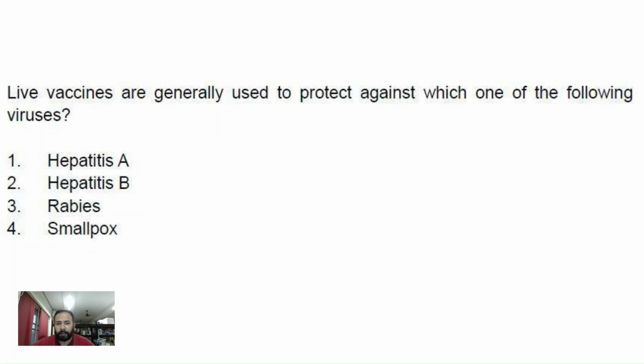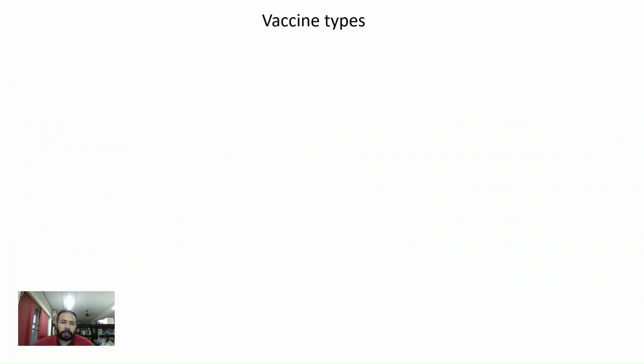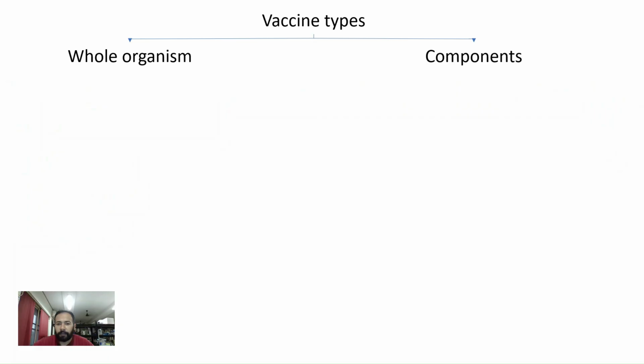So now we'll dive a bit into the types of vaccines. At a larger level, there are two types. One is where we use whole organisms, whether be it bacteria or virus, as the vaccine, and another is where we use only components of the microorganism instead of the whole organism.